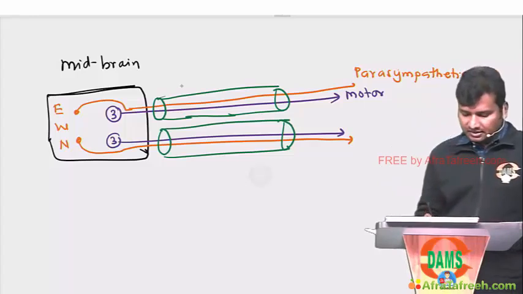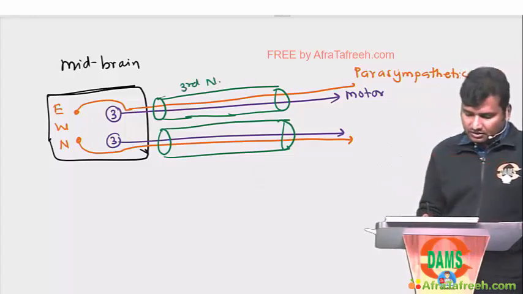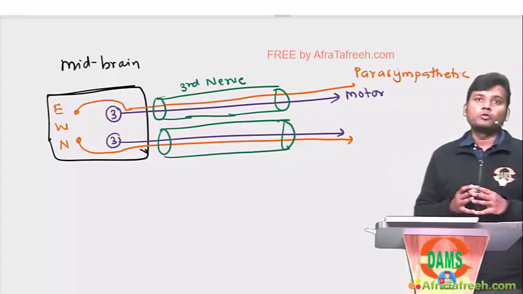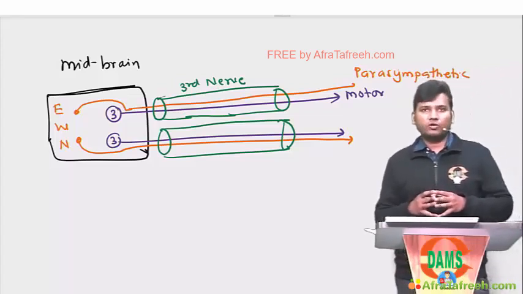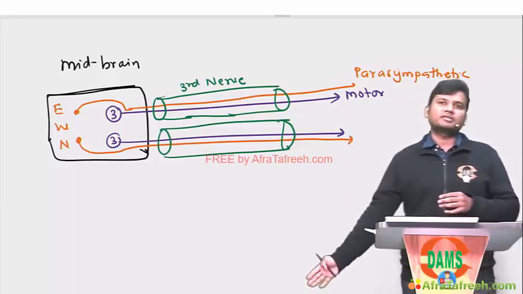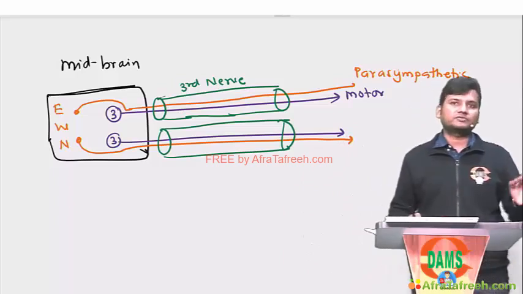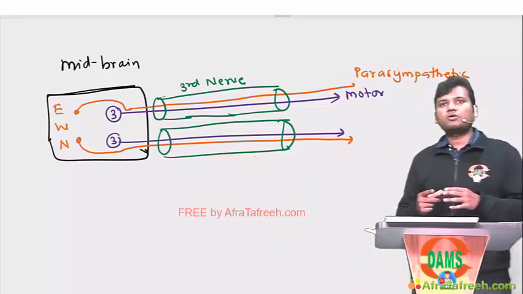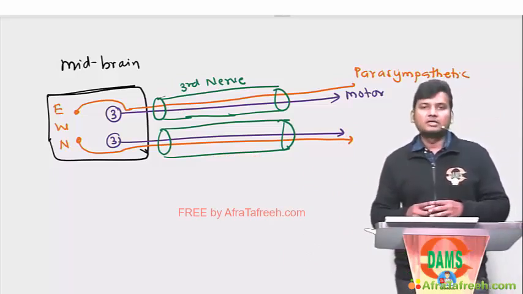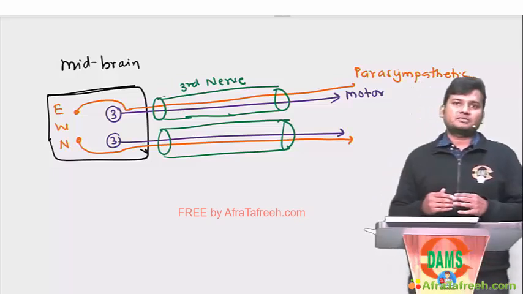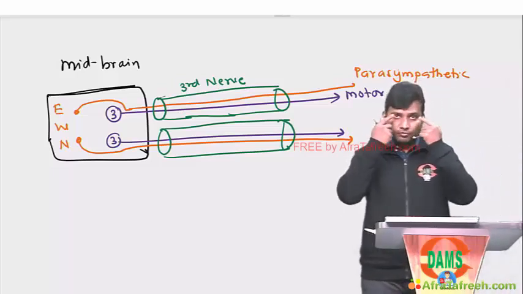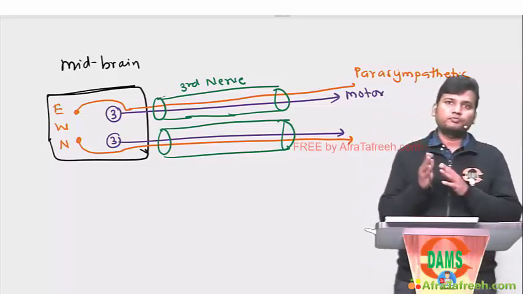So this green color is our third nerve, and it consists of motor fibers coming from the motor nucleus of the third nerve and parasympathetic fibers from the Edinger-Westphal nucleus. Function of motor fiber is to supply the muscles of the eyeball, and function of parasympathetic fiber is to supply the sphincter pupillae for constriction of pupils.